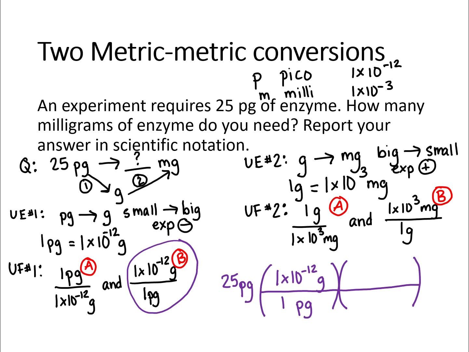Now we need to go from grams to milligrams. So let me show you the cancellation here. We've gotten rid of our picograms. We're at grams. We're again going to use B because the grams are in the bottom and that's what we're trying to get rid of.